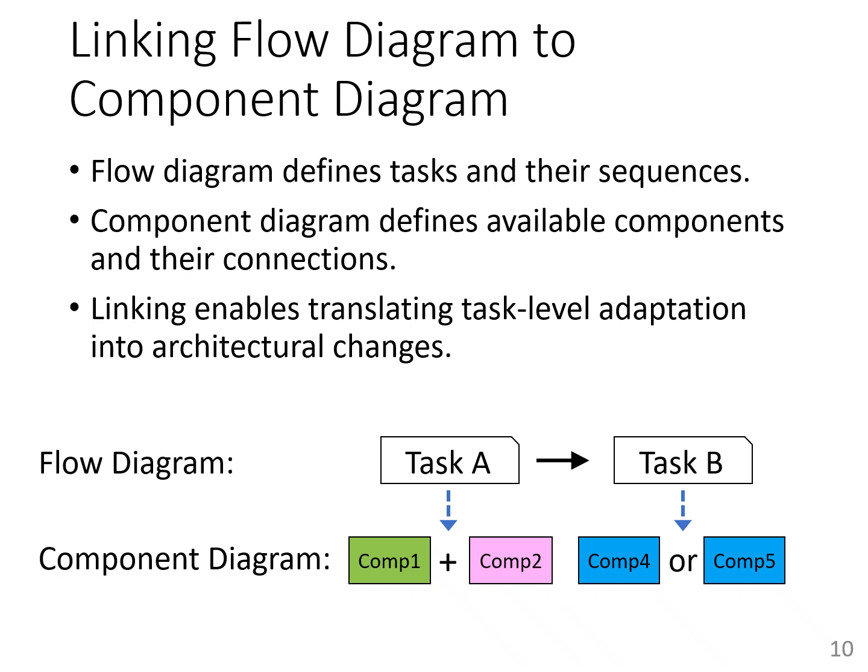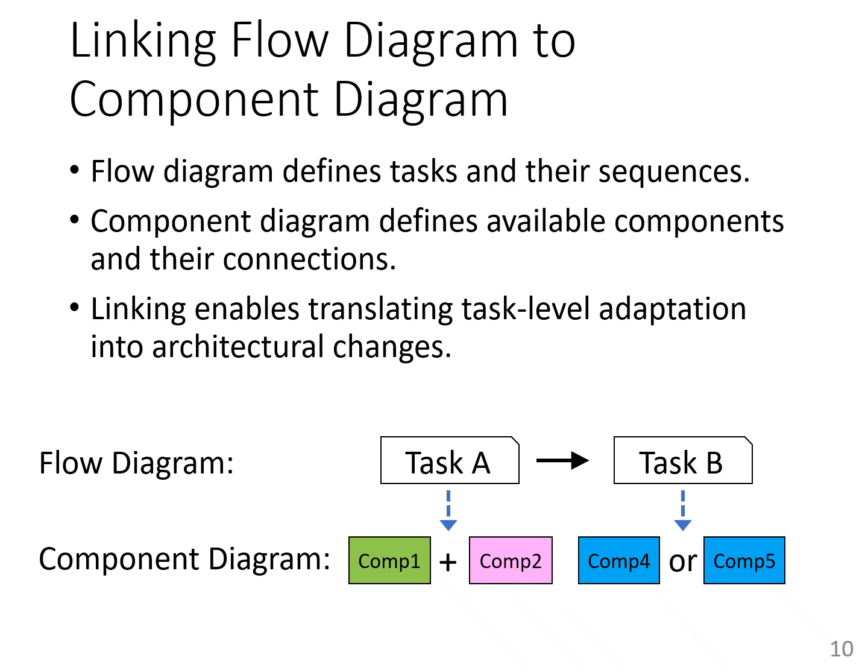In our framework, we define a task as a unit of logical functionality represented in the flow diagram. Each task is realized by one or more components. These components are grouped together to define different processing methods for the same task.